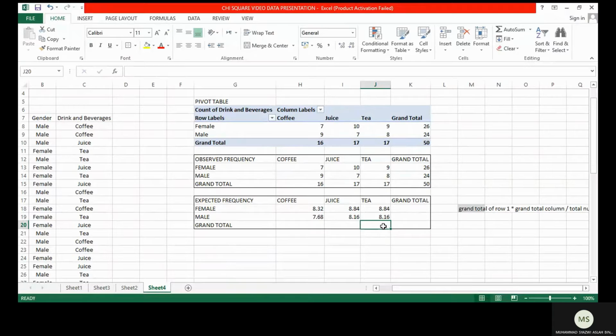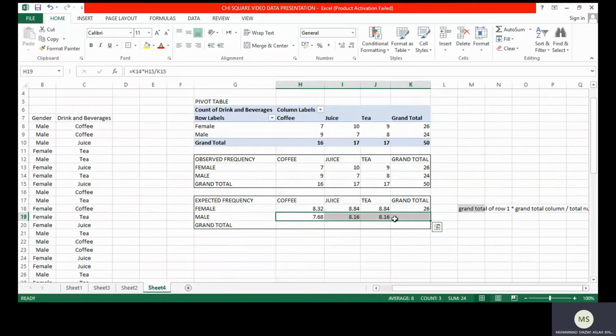After I have finished all the values, in order to get the same grand total as the observed frequency, I will drag the whole row and click auto sum, and it will give the same value as the observed frequency.